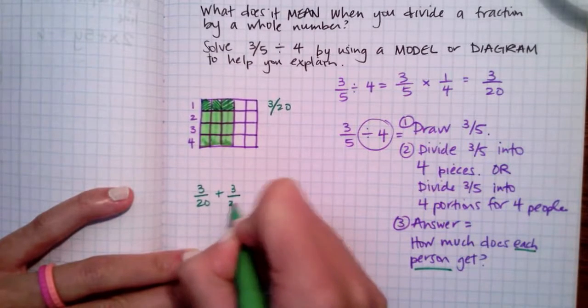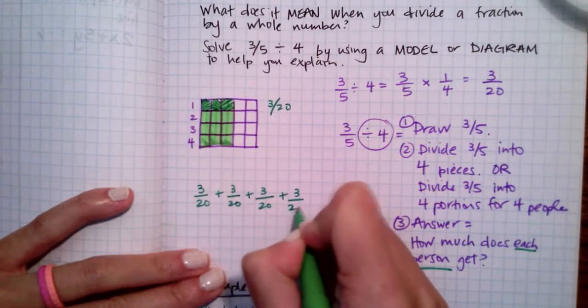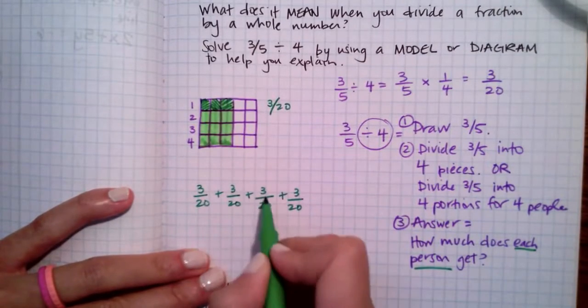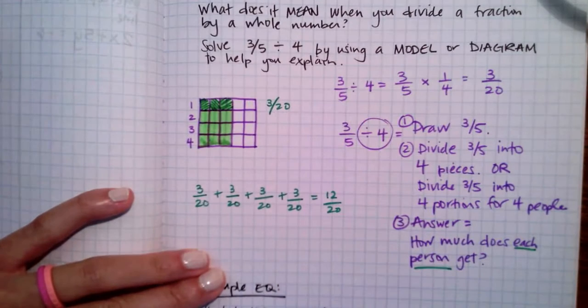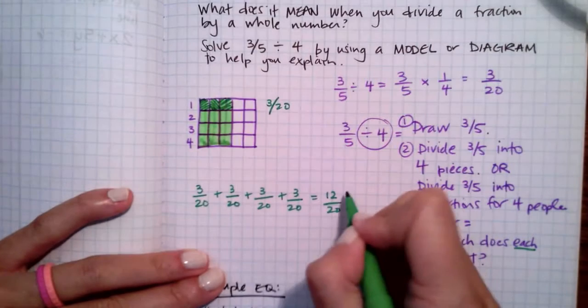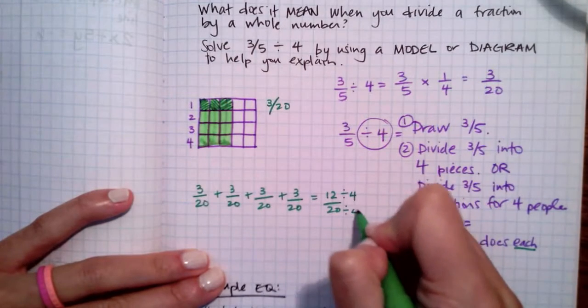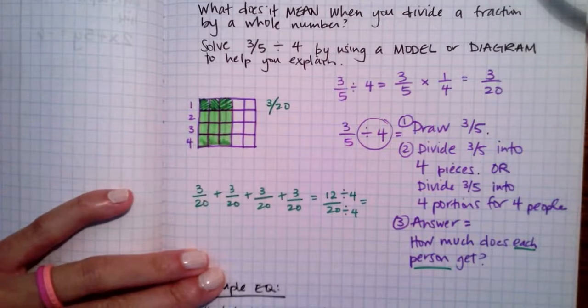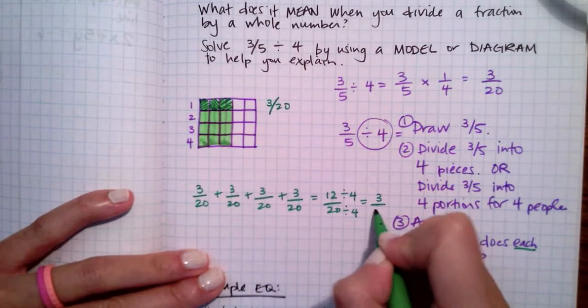If you want to check, there's 4 people. If I add all these up, 3, 6, 9, 12, I get 12/20ths. Everybody's portion together is 12/20ths. If I reduce that 12/20ths by 4, their common factor, 12 divided by 4 is 3 and 20 divided by 4 is 5.